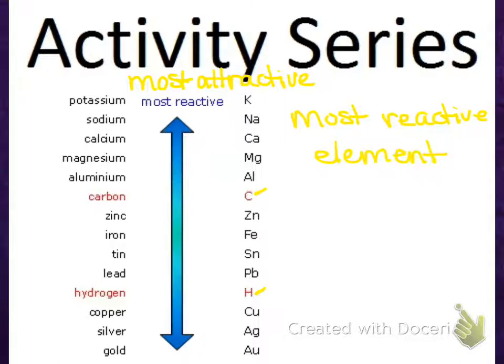Because it's reactive, it's not stable when it's by itself. So the most reactive element is in the compound, in the products. And that's because it's reactive, it's unstable. By being with another element, it becomes more stable.